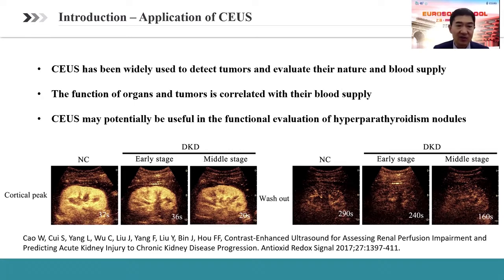For example, in this image, we can see this is the normal functioning kidney, and this is the diseased kidney. In CEUS in the arterial phase, we can see that there is obvious enhancement in the cortex, and the enhancement of the diseased kidney is lower than that of the normally functioning kidney.